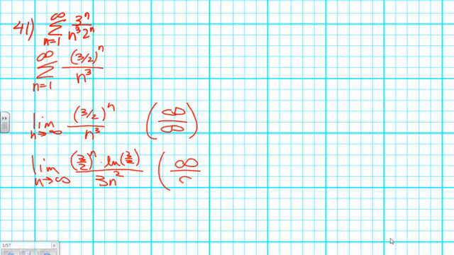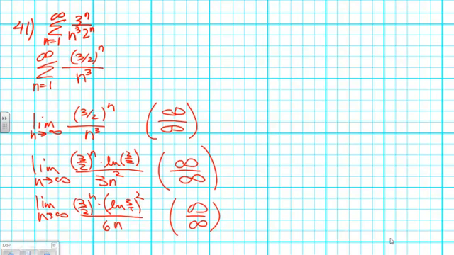Infinity over infinity still, L'Hopital again. If we do L'Hopital again, you get 3 halves to the n, and now you've got two of these, and the bottom is going to end up being 6n. Why don't you do the product rule for it? It's going to be infinity over 6, because this is a constant.